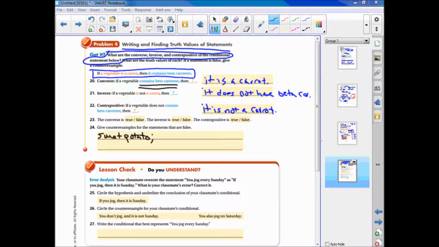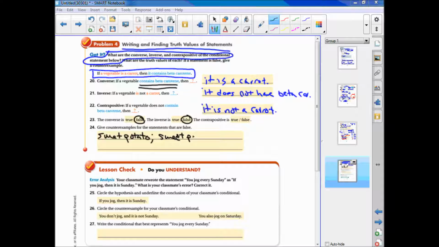All right, now, if the vegetable is not a carrot, once again, I can pick up a sweet potato. That makes the hypothesis true. Sweet potatoes are not carrots. Okay? It does not have beta carotene. Oh, that's a false statement. My sweet potato does have beta carotene.